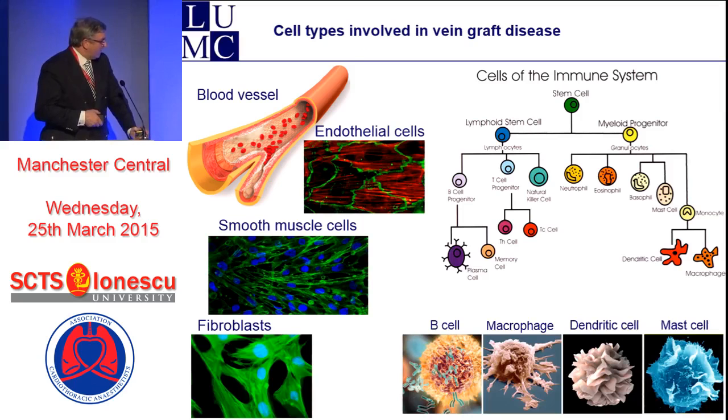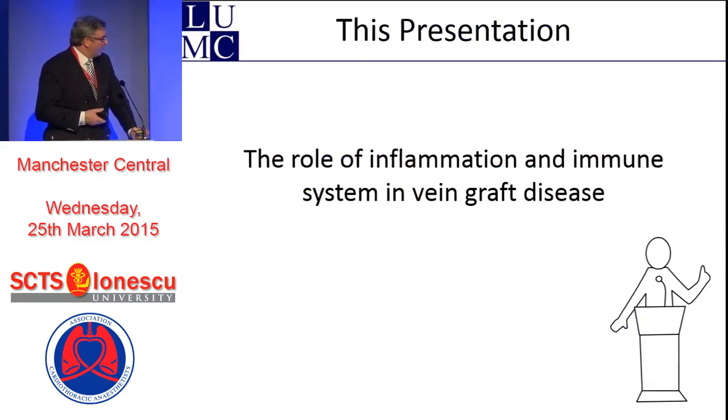To my opinion, these are cells that are crucial in inducing the remodeling processes. So in this presentation, I would like to convince you that inflammation and the immune system really play a role in the development of vein graft disease.